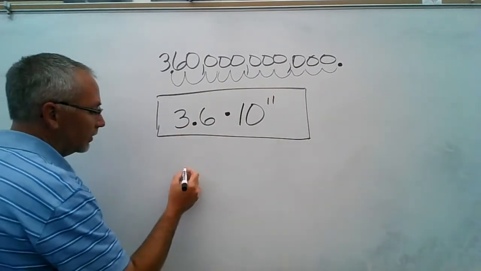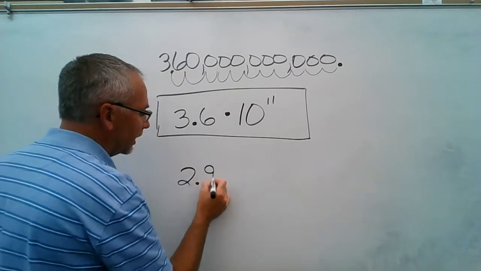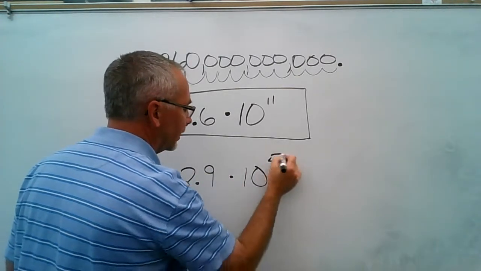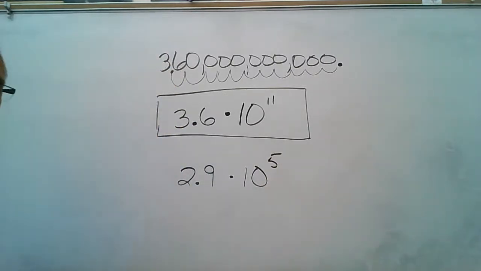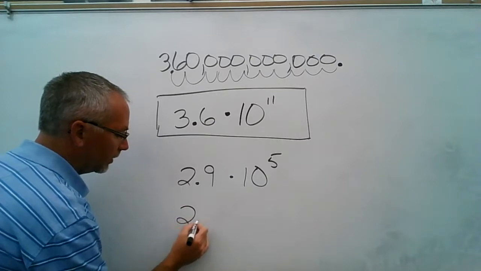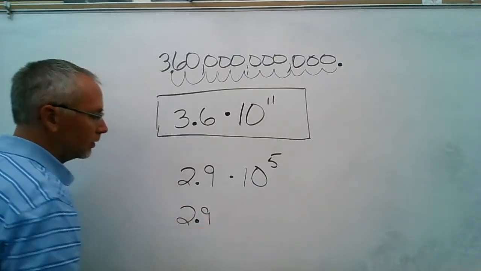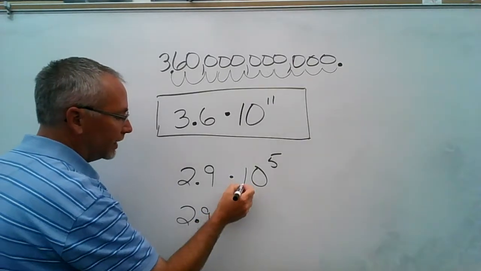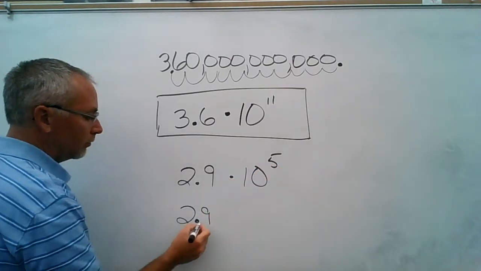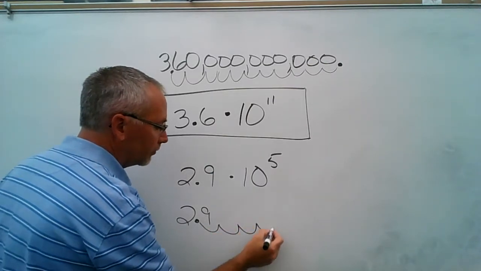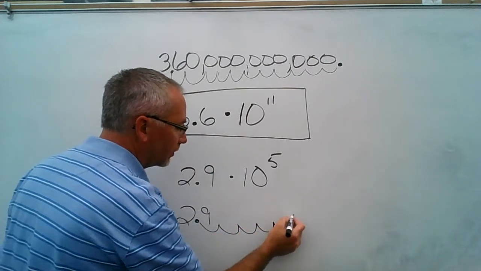What if I'm given something that's already in scientific notation? And let's say it says 2.9 times 10 to the 5th power. Well, I can write my number, 2.9, and now I know that my decimal has to move 5 spots. So it's going to go 1, 2, 3, 4, and 5.